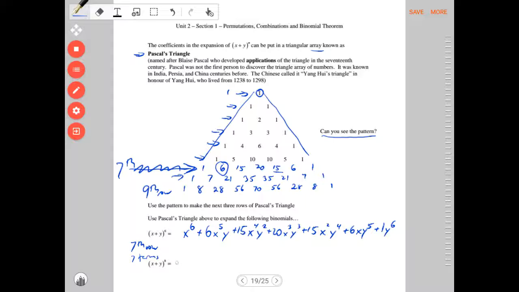So the first one is going to be 1x to the 8th. Then plus 8x to the 7th, y to the 1. Awesome, because the x's go down, the y's go up.